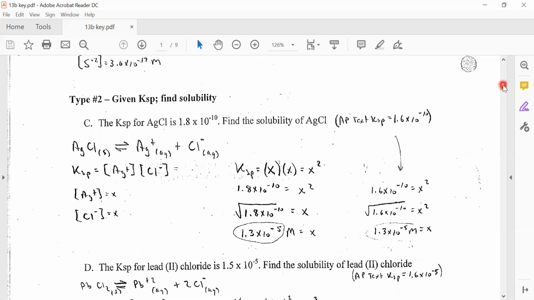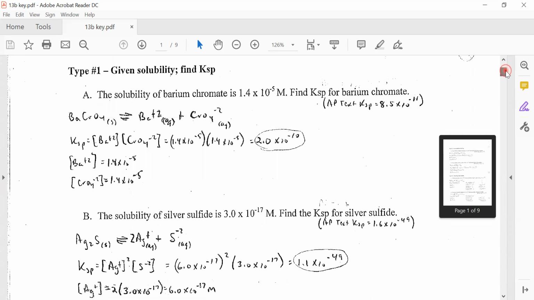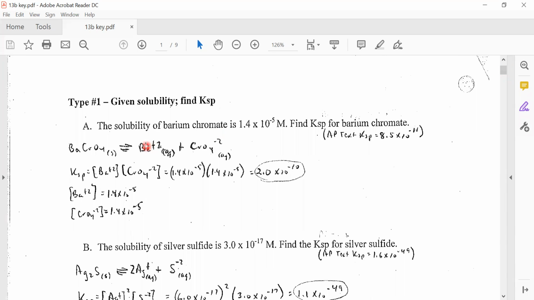Going back to type 1, when you have a simple 1-to-1 ratio, it's just the opposite. Given solubility find Ksp, you end up squaring your solubility. So they're kind of opposite functions, and then it gets more complex when you don't have a 1-to-1 ratio. Both type 1 and type 2 problems are found in section 16.1 of your text.